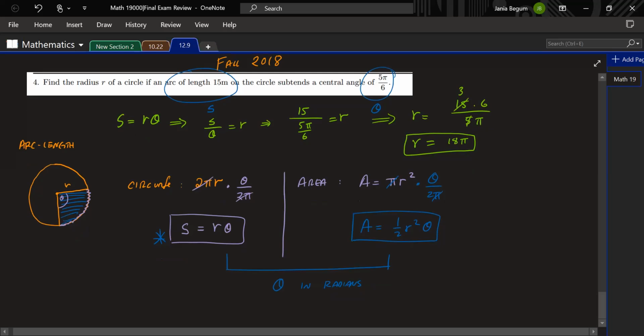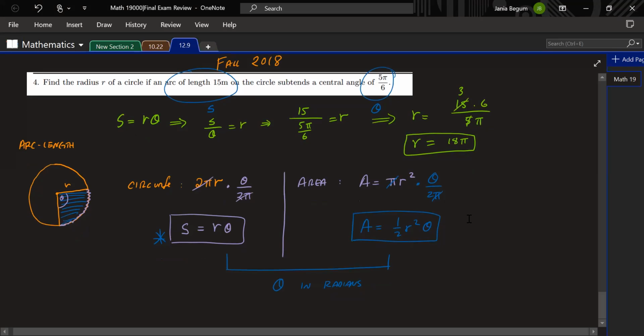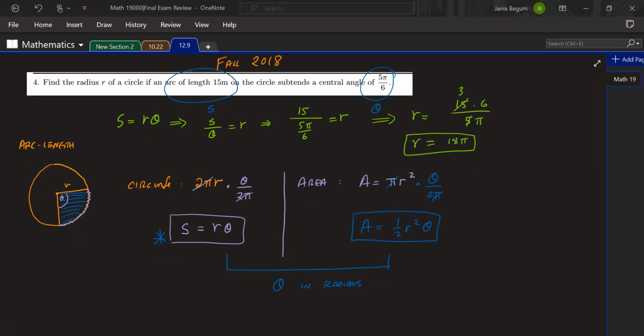Okay, so let me see if I can pull out another question from probably another final. The key idea is to remember these two formulas, and then based on what you're given, you can determine which formula to use. I'm looking at fall 2015 now.